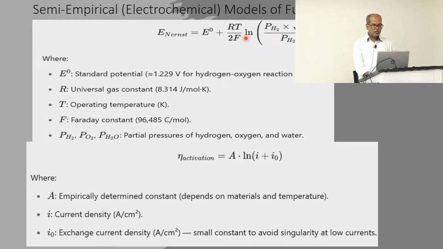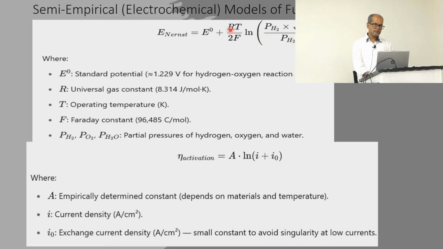For all these parameters there are some given values, though they might vary from one fuel cell to another. For E0, in most cases it is around 1.2 to 1.3 if your temperature is around 25 degrees, but if the temperature changes, then definitely it is going to change.